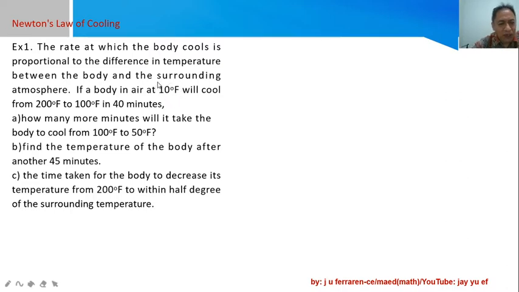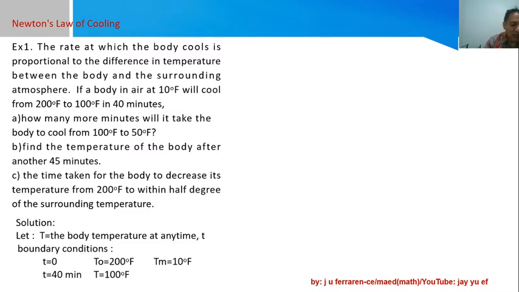So if it is within half a degree of the air temperature, the body temperature at that time can be 9.5, so the difference is only 0.5. But in this case, the body temperature is higher than the surrounding temperature, so when it drops, it will approach 10 degrees Fahrenheit. So in letter C, the body temperature can be 10.5 degrees Fahrenheit.